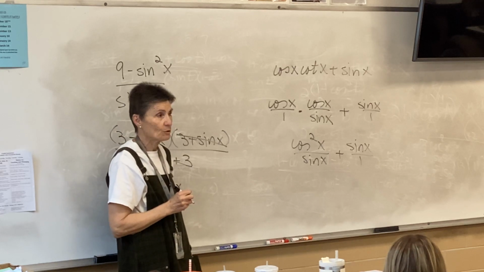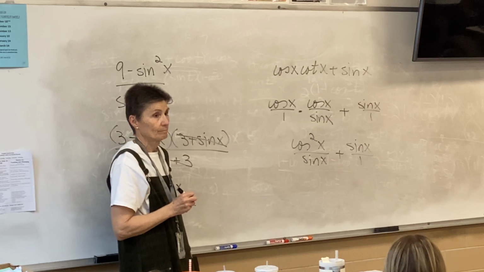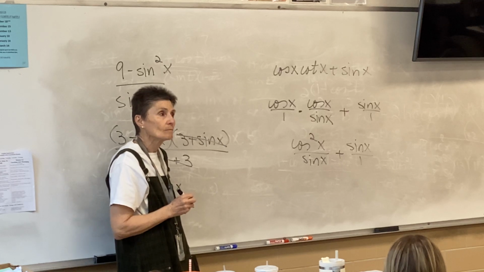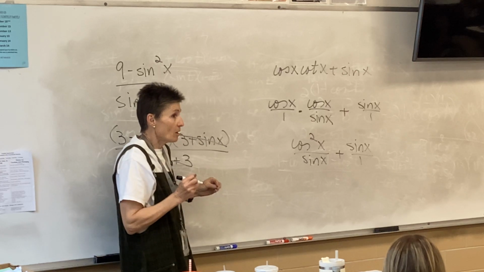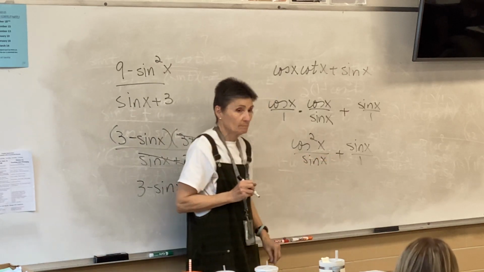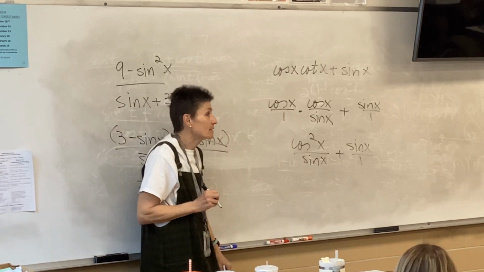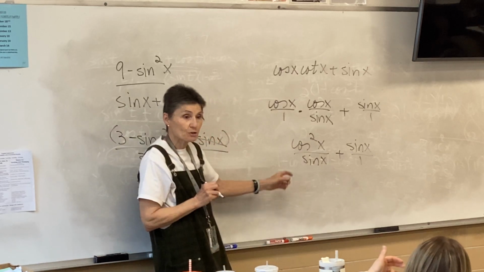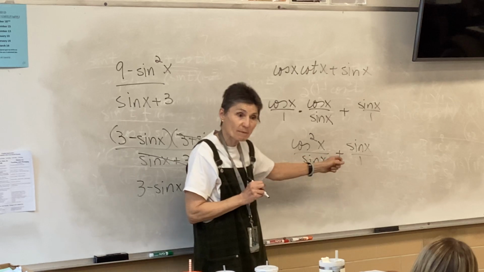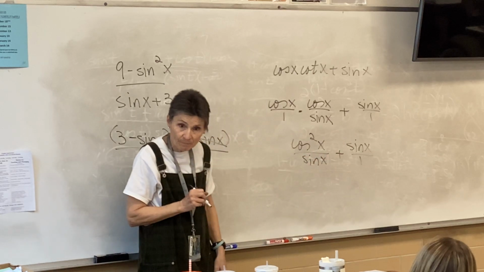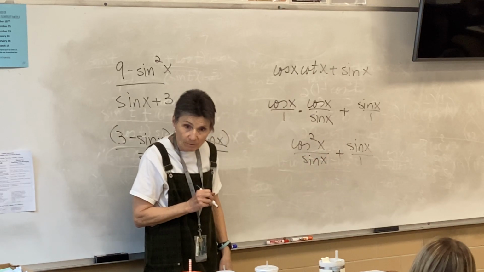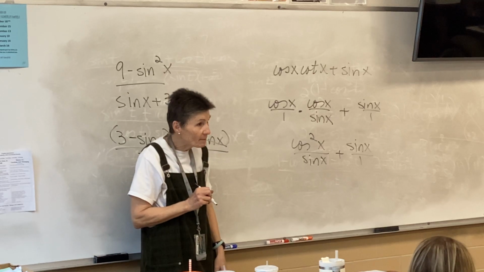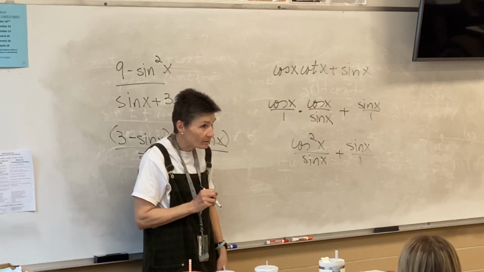Well, what do we want to do with that? Nothing cancels. That's plus. Common denominator. We have 2 fractions being added together, so we're going to get a common denominator.